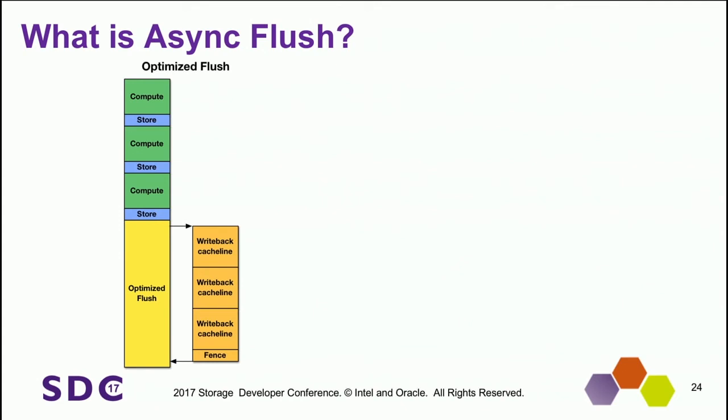So a normal application, using the optimized flush programming model, might do some compute, and then do a store to persistent memory, do some more computation, do another store to persistent memory, some more computation, another store, and now the application needs to close that persistence epoch and make what it has written to persistent memory in the cache now become durable in persistent memory. So it's going to invoke this optimized flush operation.